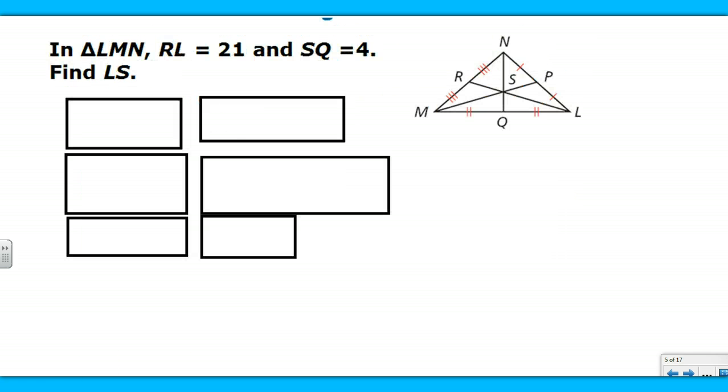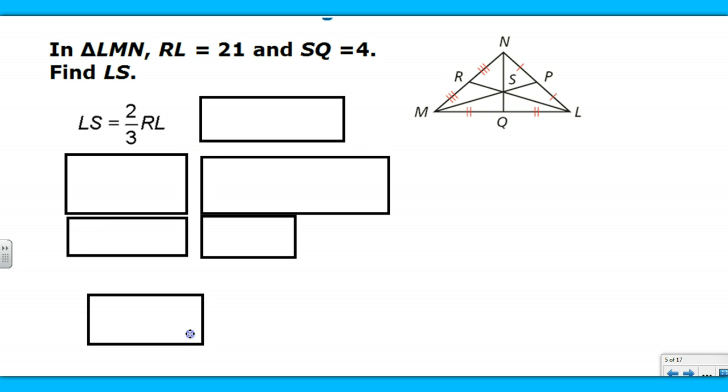In this triangle LMN, RL equals 21 and SQ equals 4. Find LS. Interesting, find LS. So we know that LS is 2/3 of the entire RL, right? And that is the centroid theorem.